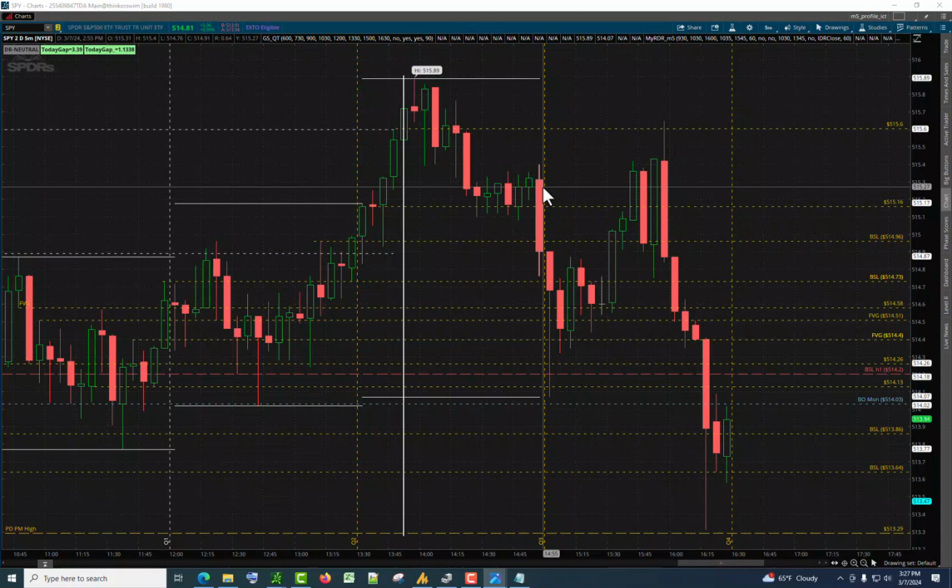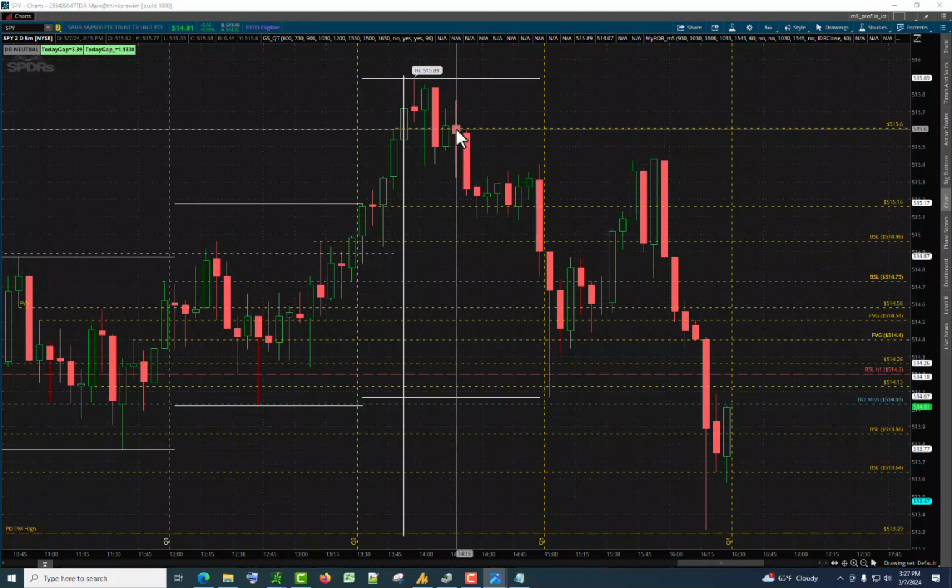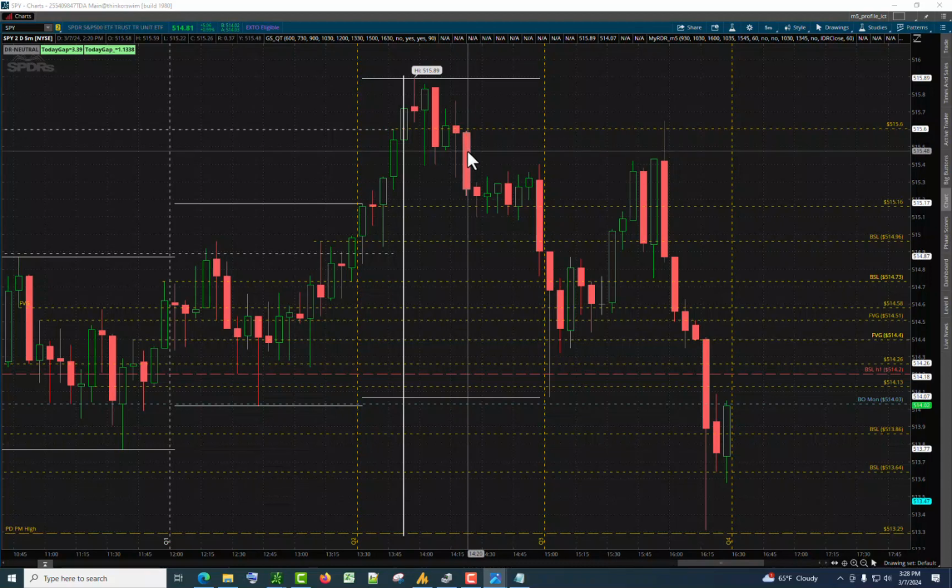And then right here we made a mistake. We went in right here, actually there was a better way, but we should have waited a little bit longer. So we went in right here, and we cannot stay in the trade long because it's an option.